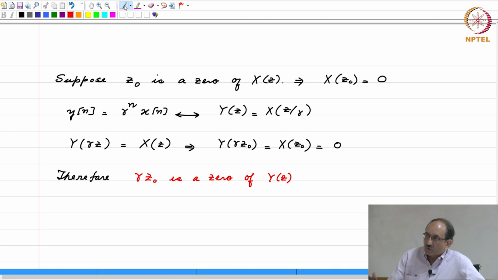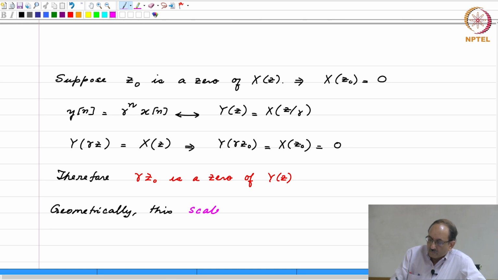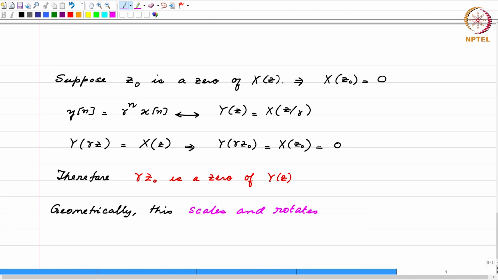Therefore, exponential multiplication causes scaling and rotation of the roots in the z plane. So geometrically this scales and rotates the roots in the z plane.